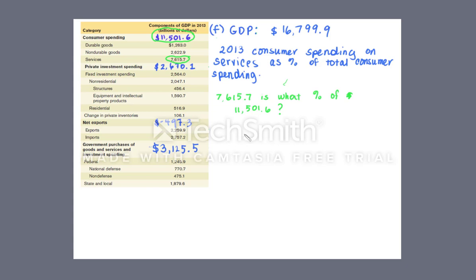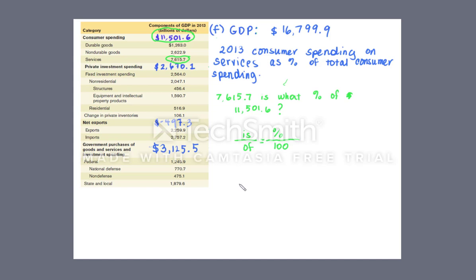Think about the way the problem is worded: 7,615.7 is what percent of 11,501.6.